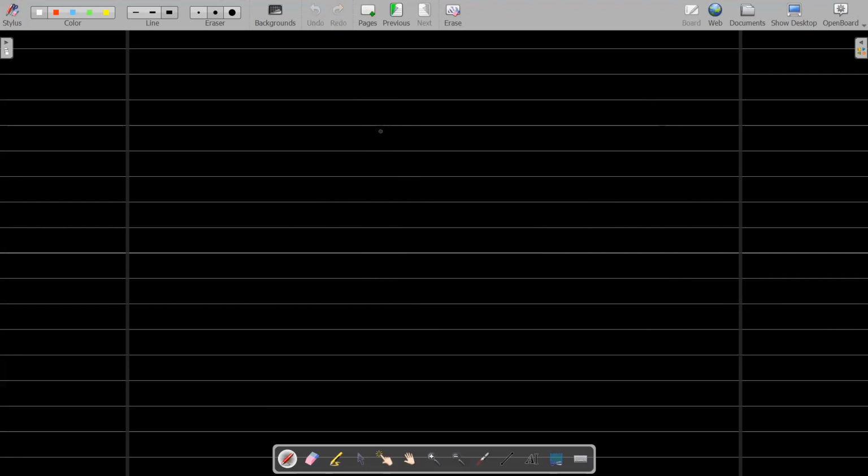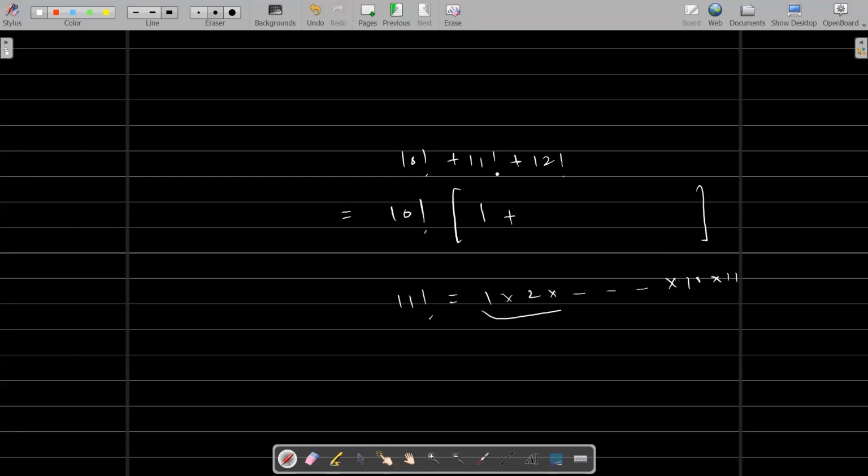Okay, so 10 factorial plus 11 factorial plus 12 factorial. Firstly, I can take 10 factorial common. All of you agree? And then from the first term I get 1, plus, since 11 factorial is the product 1, 2, 3, 4 up to 10, 11, that is 10 factorial into 11. So when I take 10 factorial common, I'm left with the factor 11 from the second term.